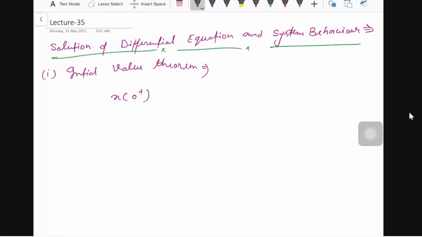Origin means t equal to 0, in that case x(0+) equal to limit s tends to infinity s X(s).